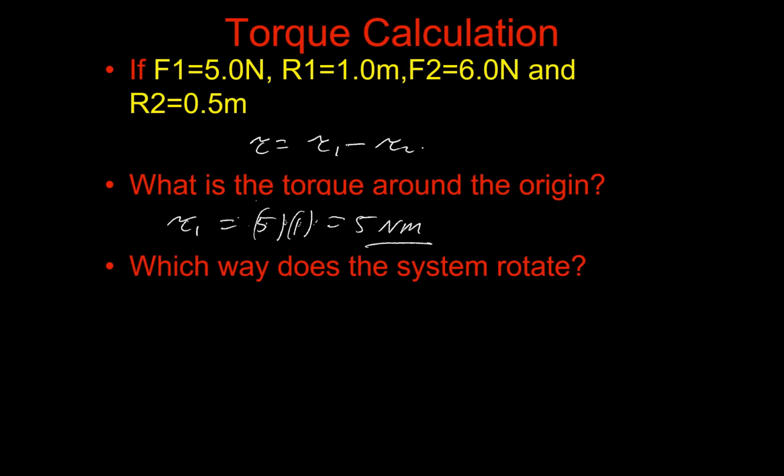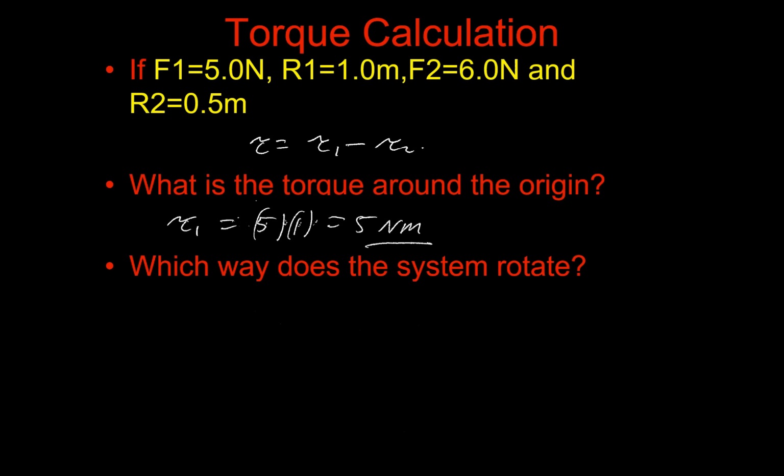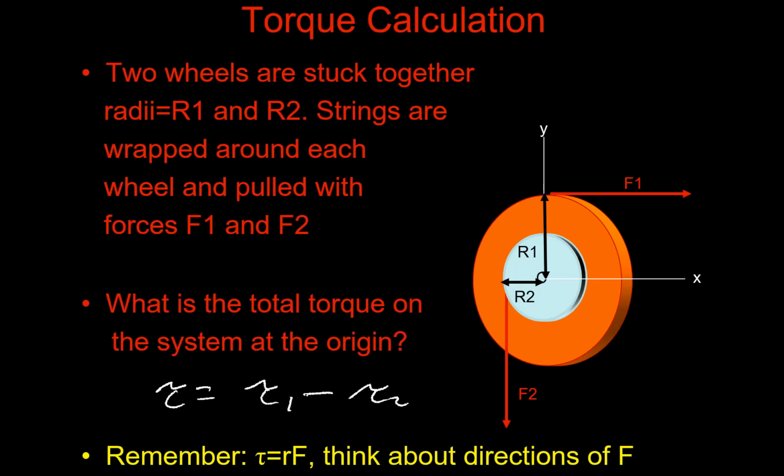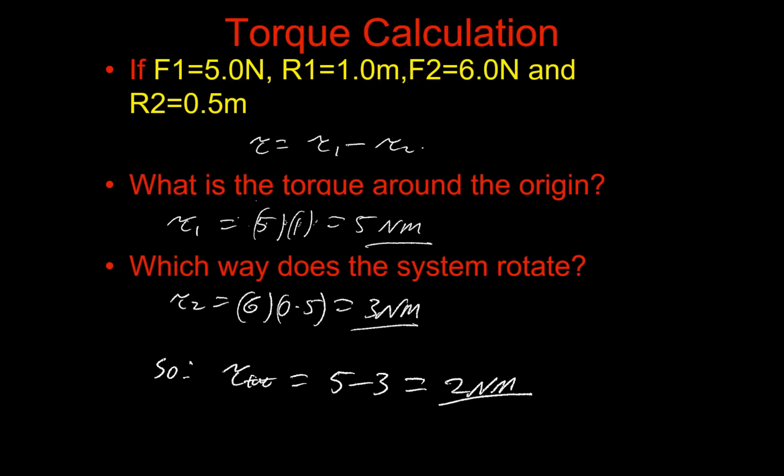Torque 2 is going to be 6 times 0.5, which will give you 3 Newton meters. So the total torque will be 5 minus 3, which is 2 Newton meters. That means this is positive, and our system is going to rotate in a clockwise direction. So remember, this will end up with a 5 Newton meter torque this way and a 3 Newton meter torque this way, giving you a total of 2 Newton meters and rotating the system clockwise.